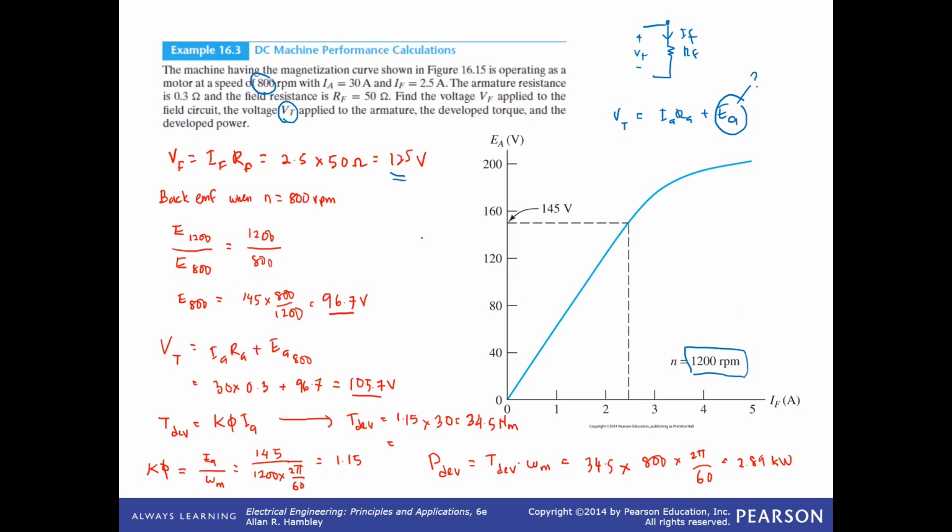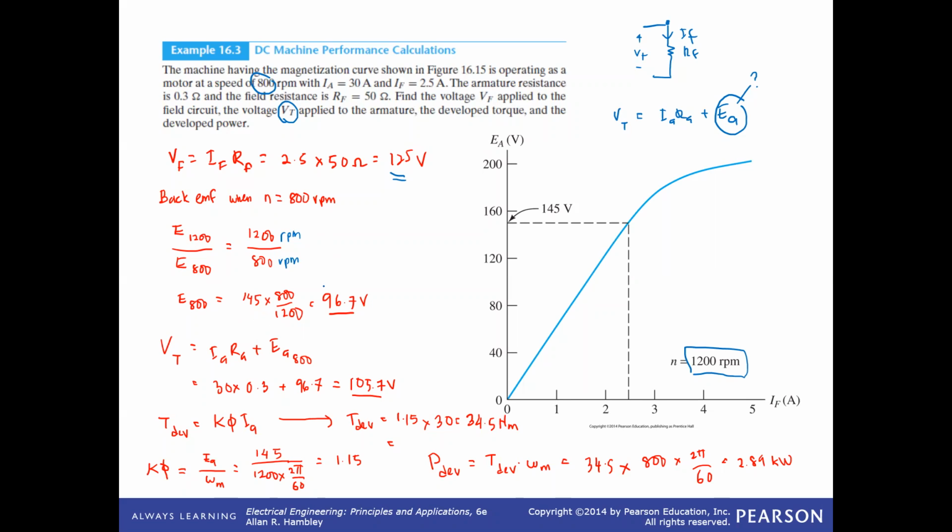By using the relationship of the voltage induced and the speed, we can write this equation, with the voltage induced at 1200 RPM and the voltage induced at 800 RPM. Finally, we obtain that the voltage induced at 800 RPM is around 96.7 volt.